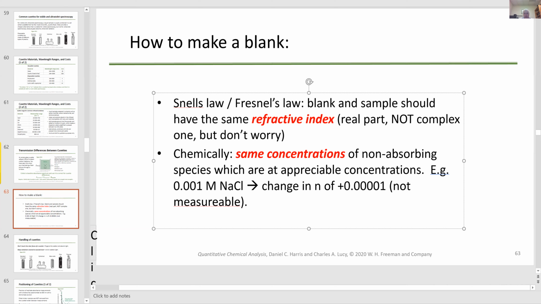If you had a 1 molar sodium chloride concentration, you would absolutely have to match that, right?